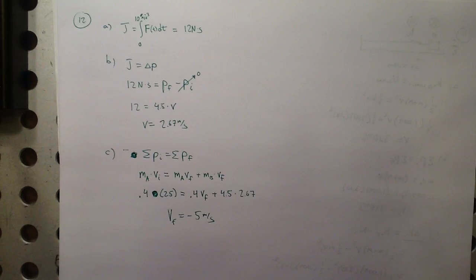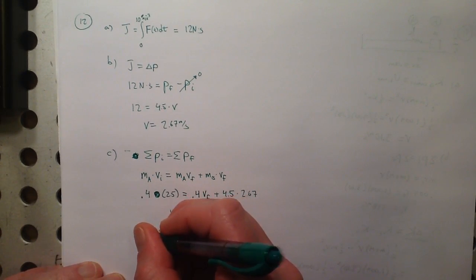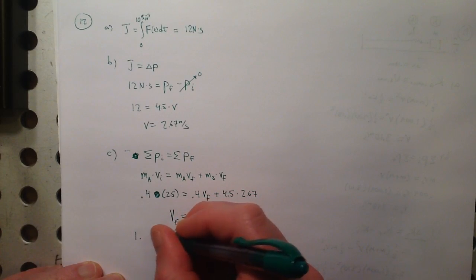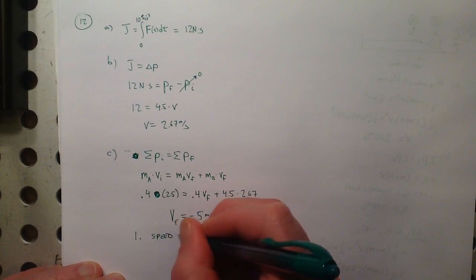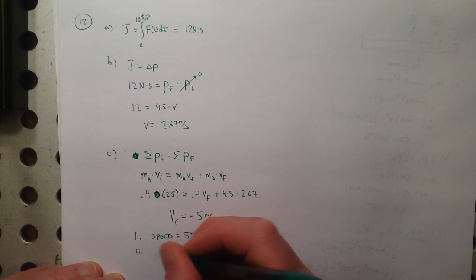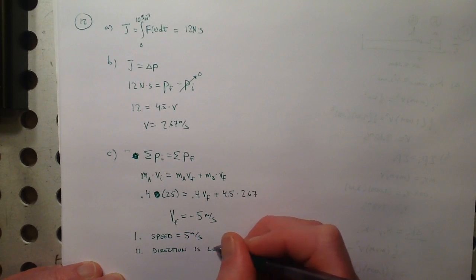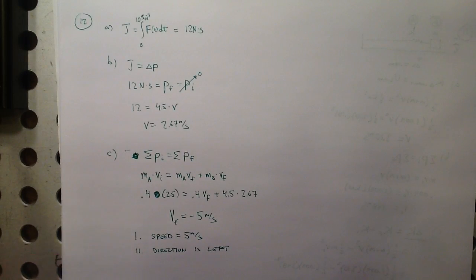And they asked for its speed and its direction. So in part 1, its speed is 5 meters per second. And in part 2, the direction is to the left. Right, that's what that negative sign means.